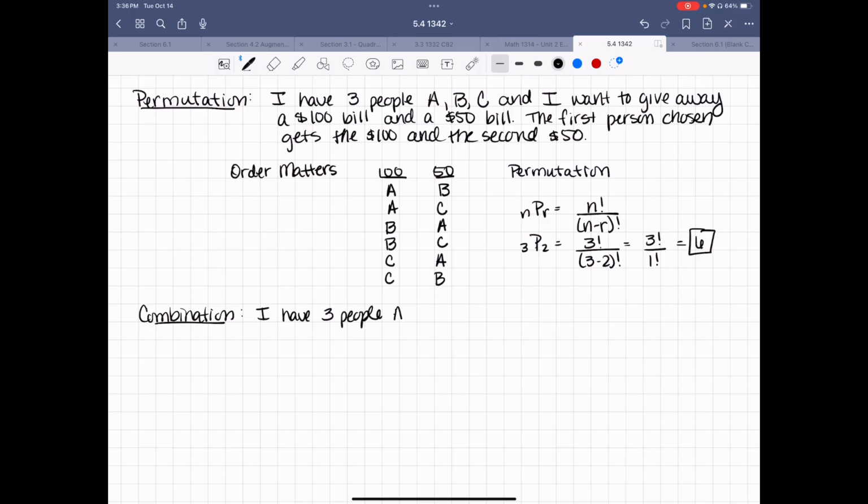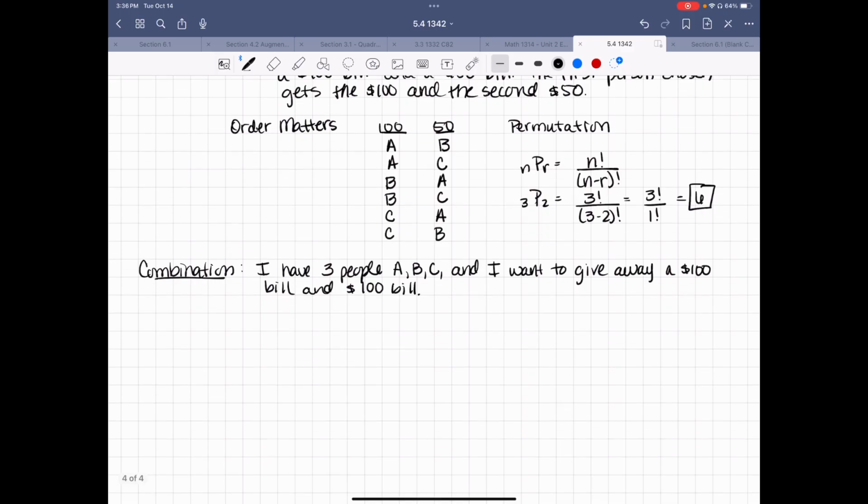A, B, C. And I want to give away a $100 bill and a $100 bill.